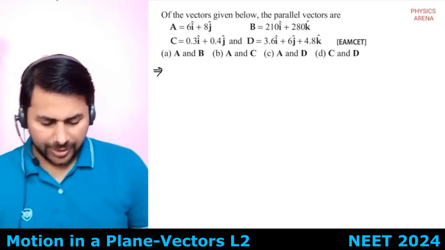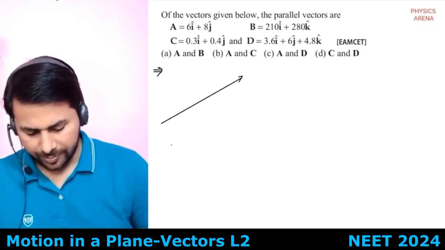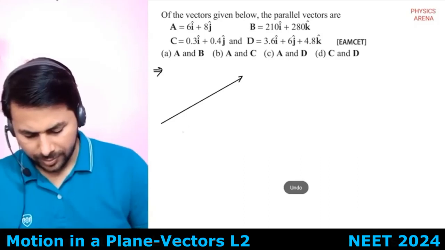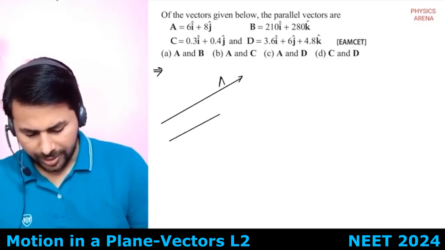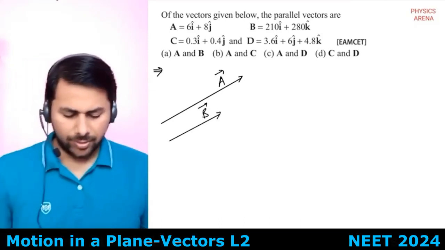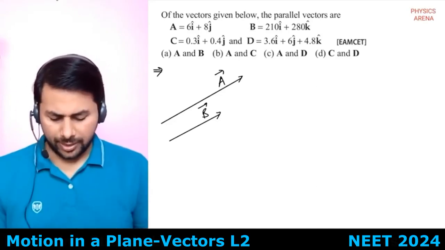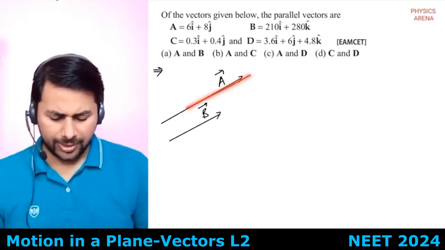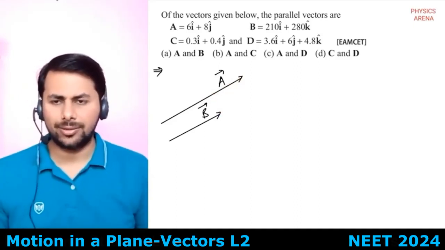So if two vectors are parallel, then their direction is same. So this is suppose A bar and this is B bar. If the direction is same, then I can say that A bar is equal to, in this case, let's suppose 1.5 B bar.